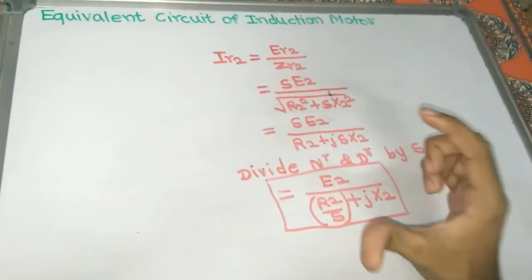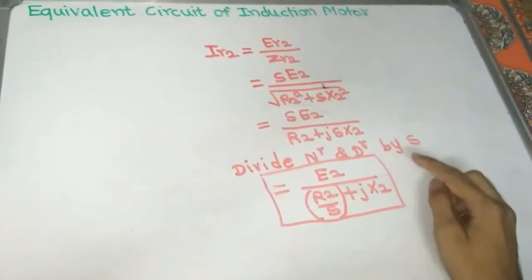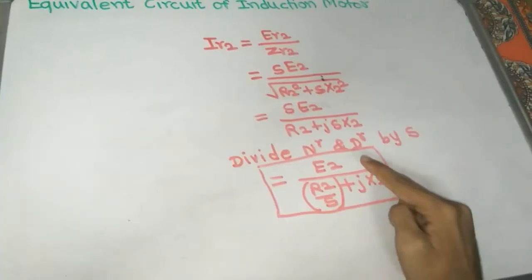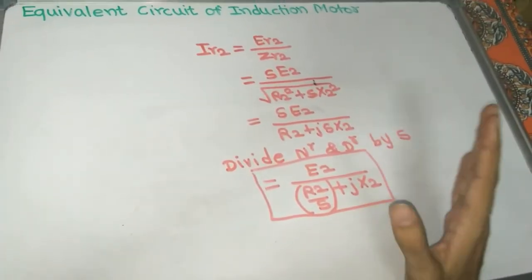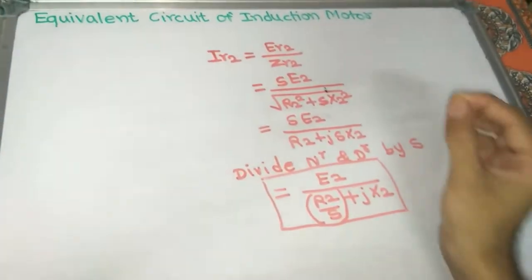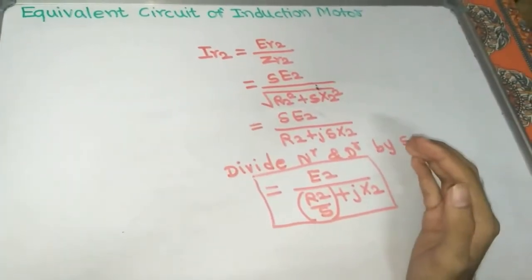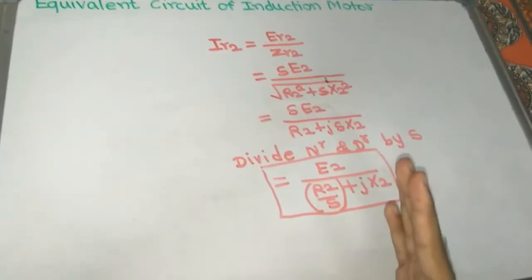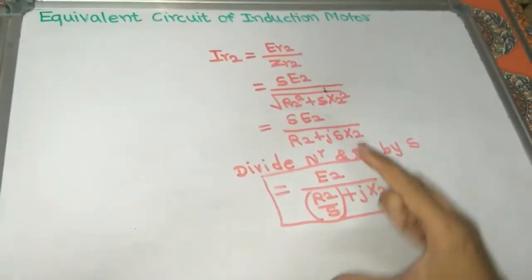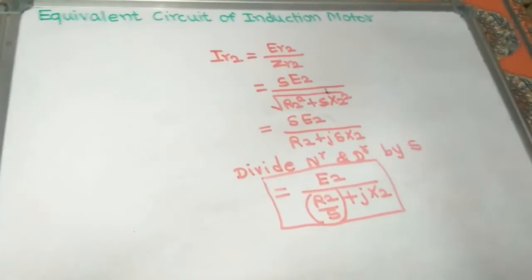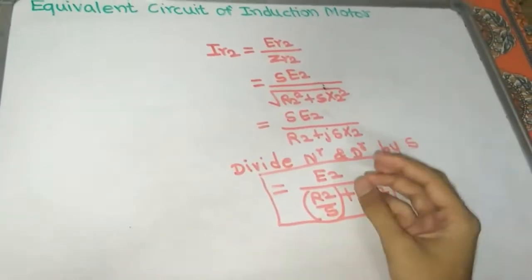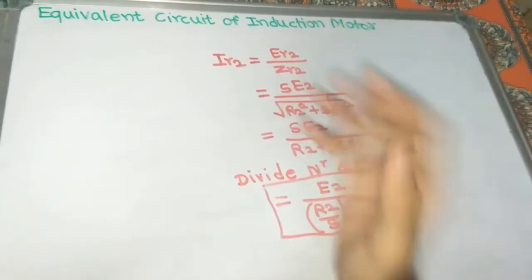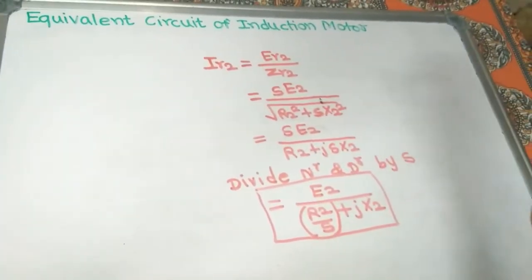But by dividing the numerator and denominator by S, E2 and X2 no longer depend on slip, only for drawing the equivalent circuit, though actually they depend on slip, and the rotor resistance is not dependent on slip. We make everything reverse here to draw the equivalent circuit of the three-phase induction motor, which is similar to a transformer, by making the frequency equal.